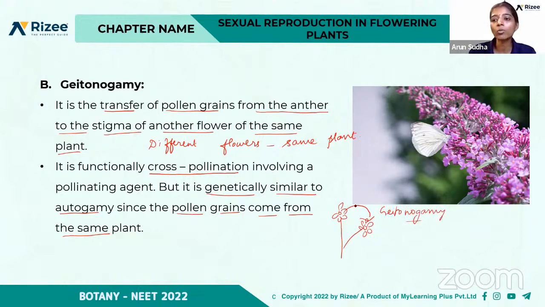Clear? So only cross-pollination is possible. It is functionally a cross-pollination involving a pollinating agent, but genetically, both are from the same plant, so they will be similar. If it is autogamy, it will be within the same flower, and the pollen is transferred from anther to the stigma, right? So this is autogamy.